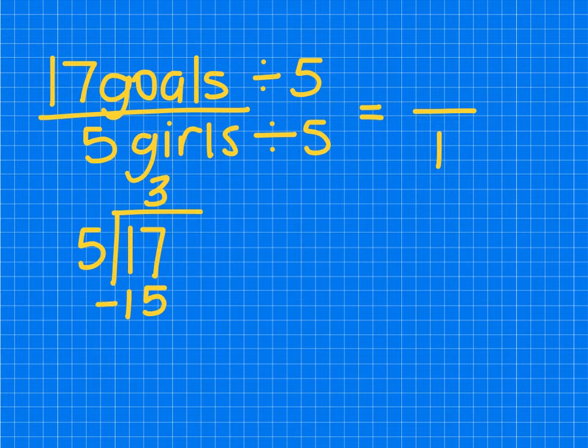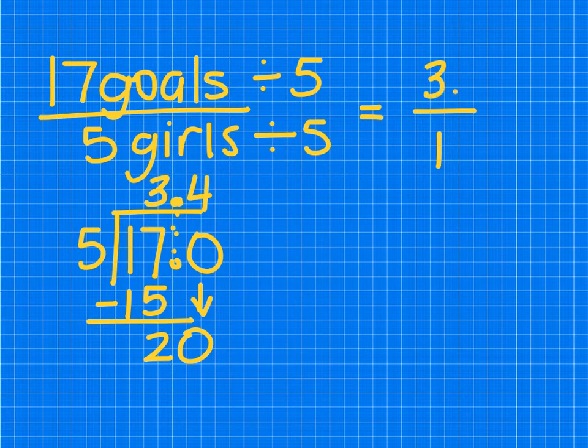That's 15. Subtract, that's 2. 5 does not go into 2, so I know that I can put a decimal and a 0, bring my decimal up, and I can bring my 0 down. 5 does go into 20 4 times. That means that each girl will score 3.4 goals. Now you know you can't score a .4 goal, but I can figure out how many goals are scored per girl this way.